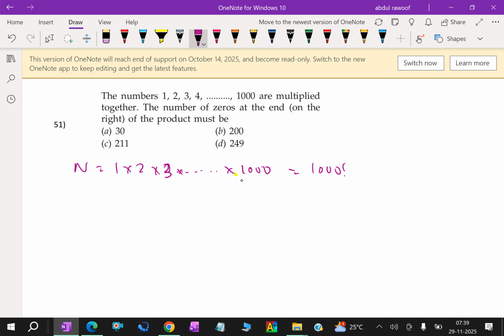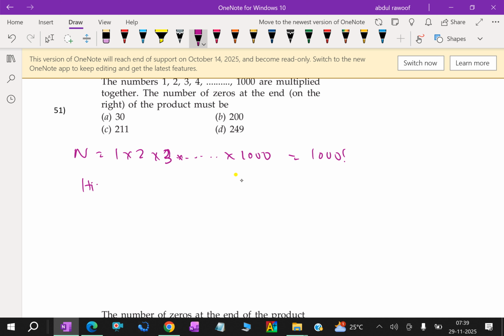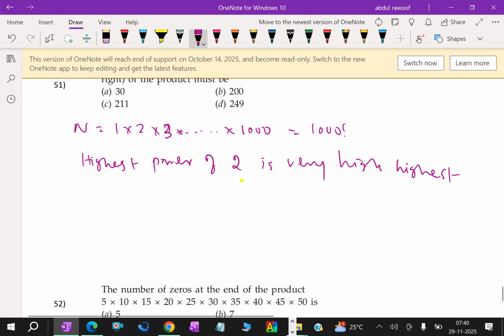Now, clearly the highest power of 2 is very high as compared to the highest power of 5 in this product. So the number of zeros in n will be equal to the highest power of 5.